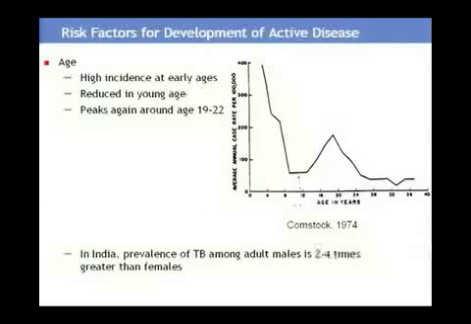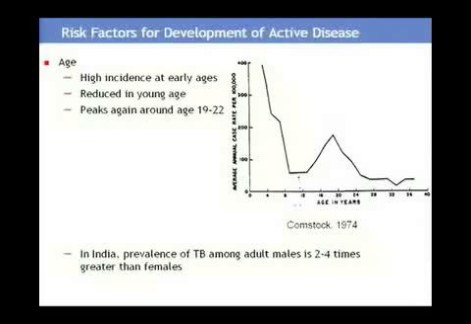TB rates in the population are always highest in the very, very early ages, in the young babies, and they get reduced as a child gets older, often referred to as the golden years, between about 8 and 13 years of age, where the TB rates are at their lowest. However, you can see here in this graph, in this figure on the right, that TB rates peak again around the ages 19 to 22 and then decline as an individual ages.